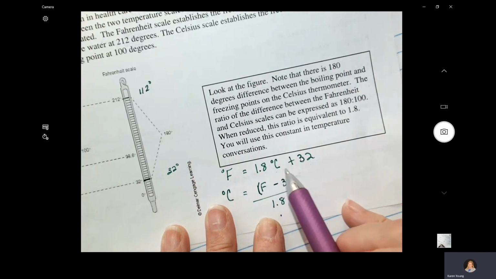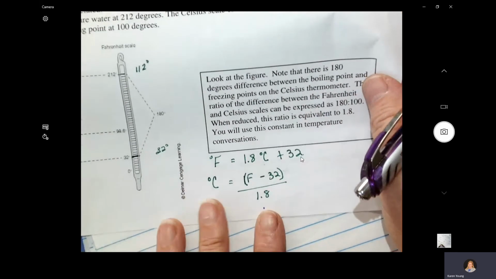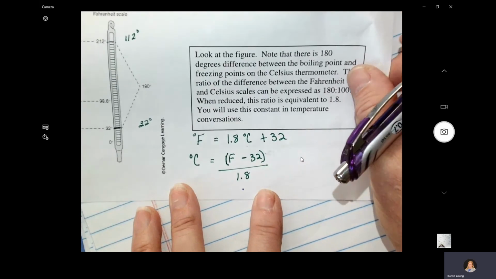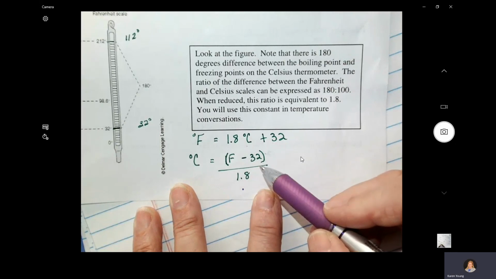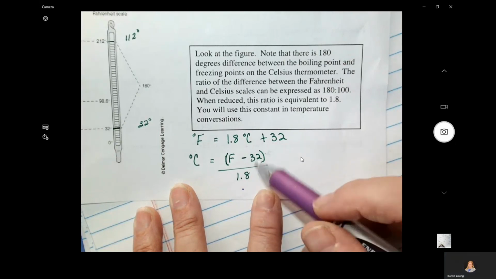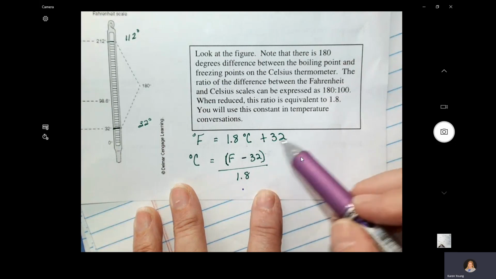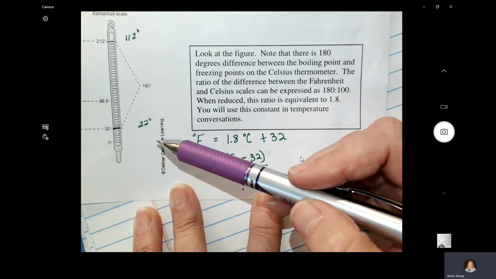I'm doing 1.8 times the degrees Celsius plus 32. If I'm looking for my degrees Celsius, so I know my degrees Fahrenheit, I'm subtracting 32 and then dividing by 1.8.